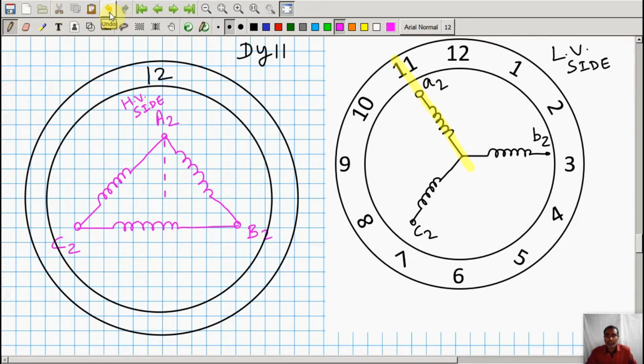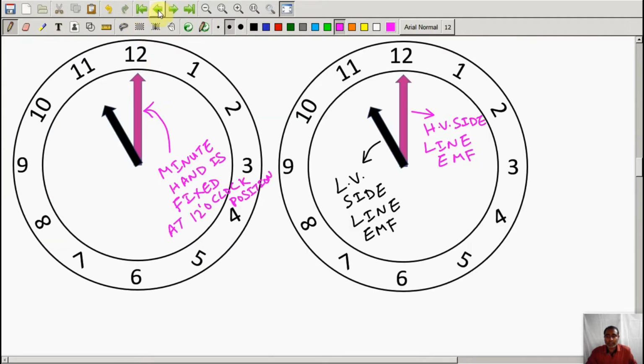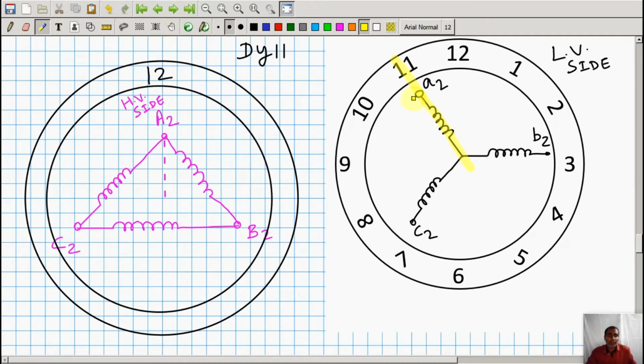You can see here the LV side is pointing towards 11 and the HV side was pointing towards 12. So that is what we are repeating here.